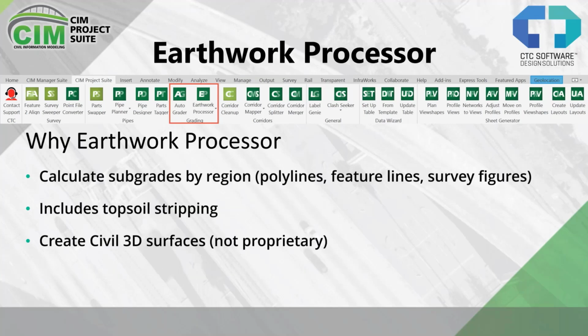And it will calculate our subgrades by region. We'll show you that in the demo, which I mentioned before. We use polylines, feature lines, survey figures to do those calculations in. We can include topsoil stripping if we want to, and it will also create Civil 3D surfaces, which are not proprietary. It goes right into your tool space.